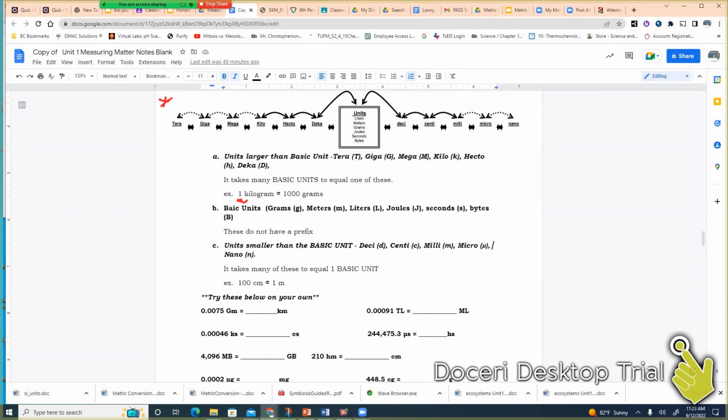In the middle here are our base units. Sometimes they're called stem units. If you notice, they're all the things that do not have any kind of prefix on them, like liter and meter. If I move over this way, all of these prefixes are less than the base.